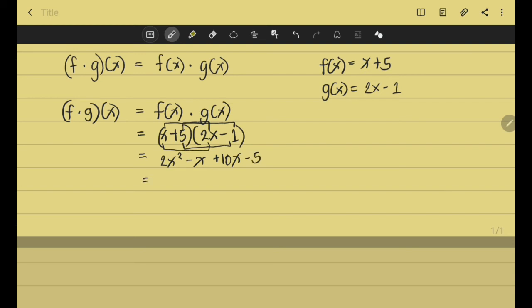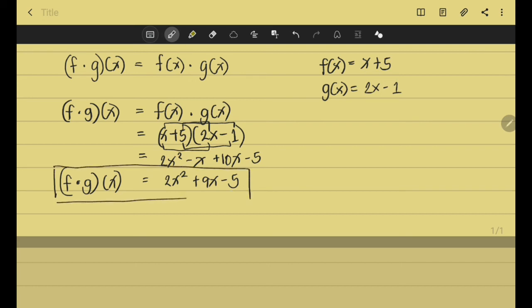And then combine like terms, we have 2x squared plus 9x minus 5. So therefore, the product of f and g of x is equal to 2x squared plus 9x minus 5. 2x squared plus 9x minus 5 is the product of x plus 5 and 2x minus 1.